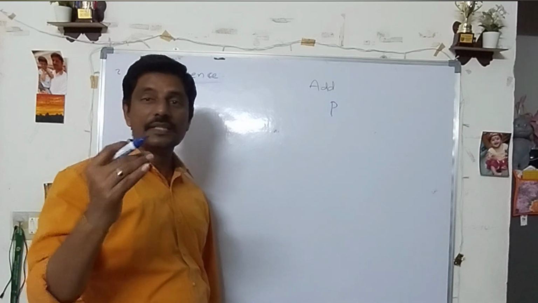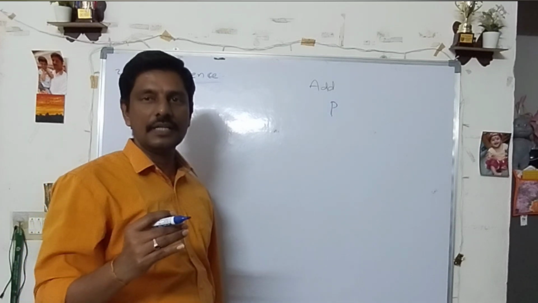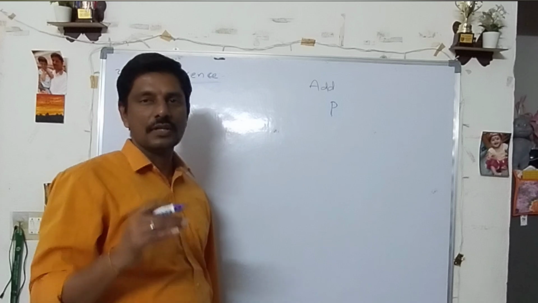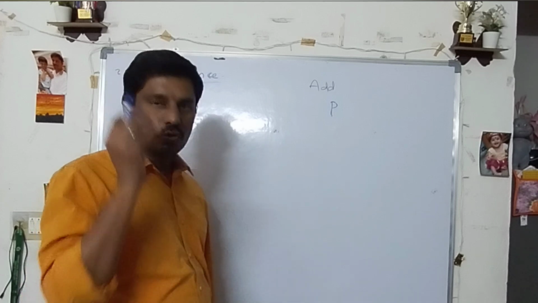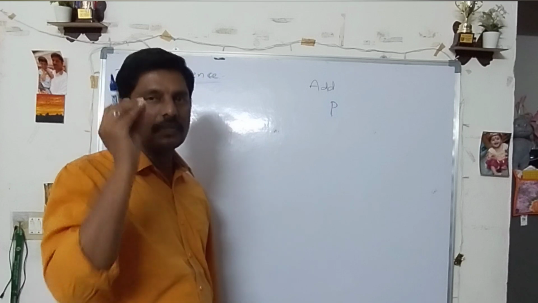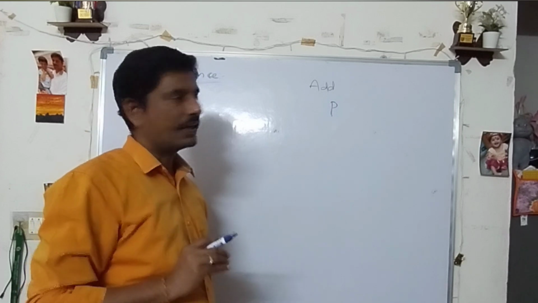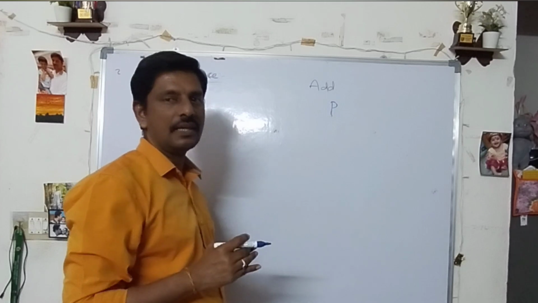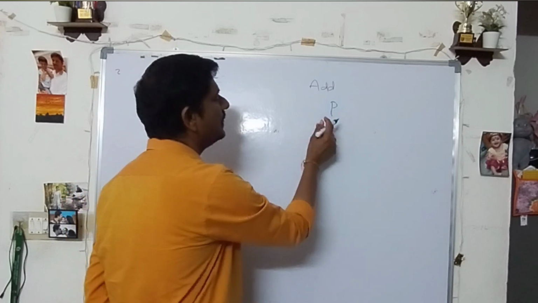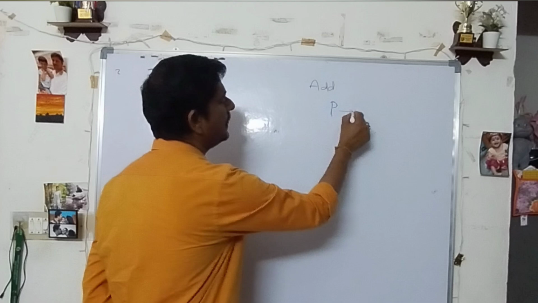If all the premises are true, it leads to a true conclusion, and then the argument is valid. We need to keep this point in mind. If P is given as a premise, that means P is true.